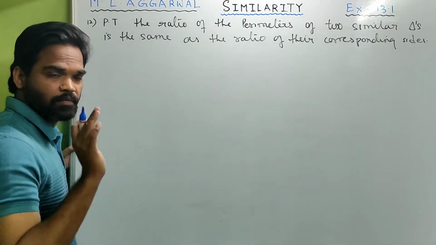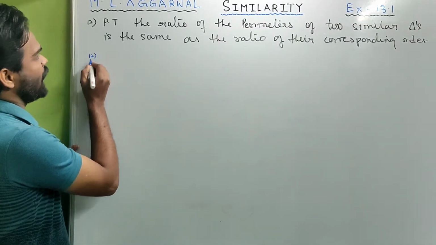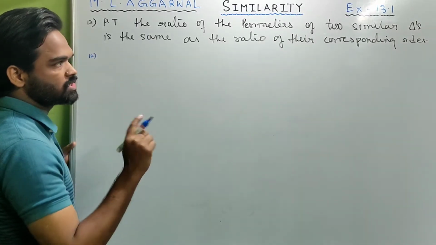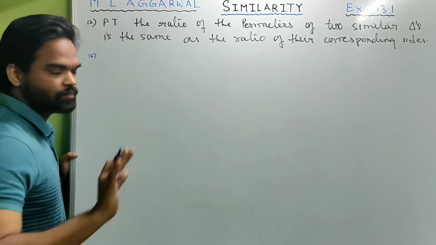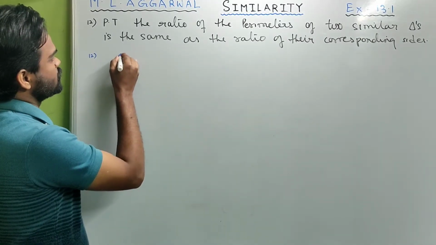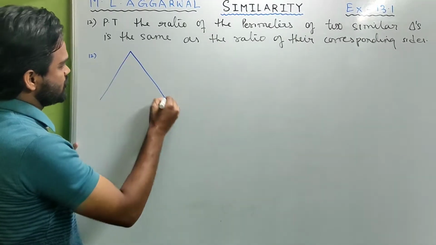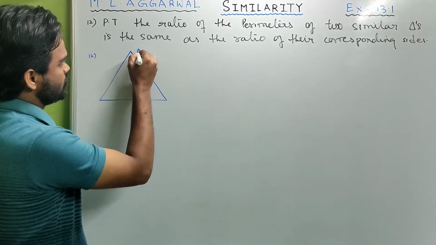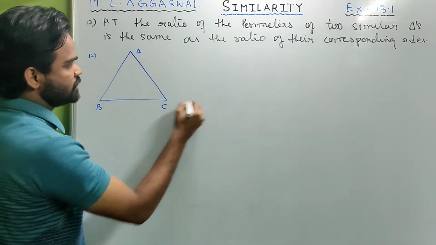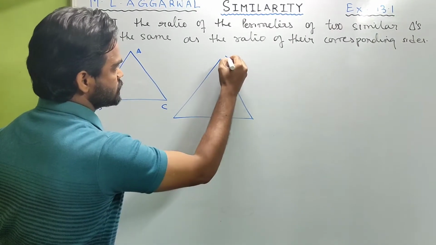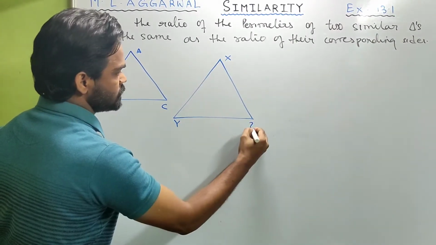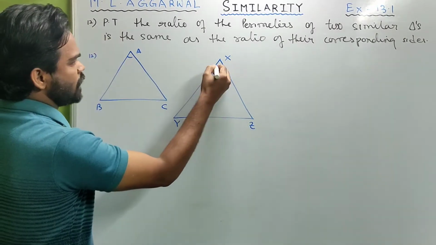Now look at number 12, very interesting. Prove that the ratio of the perimeters of two similar triangles is the same as the ratio of the corresponding sides. Look over here. Suppose we take two triangles ABC and XYZ, and these two triangles are similar.